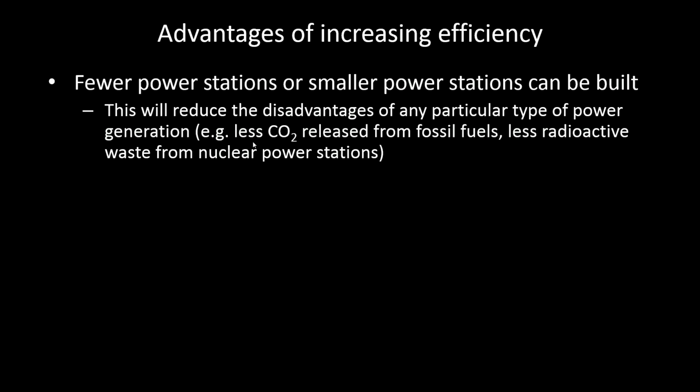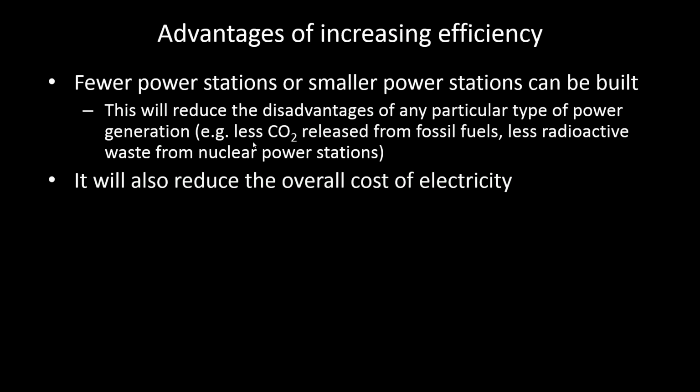So, less carbon dioxide release from fossil fuels, less radioactive waste from nuclear power stations if we increase the efficiency of them. Okay? And the other benefit is it will reduce the overall cost of electricity, because if there's less waste, then there's less need to generate, and that means the cost will go down.